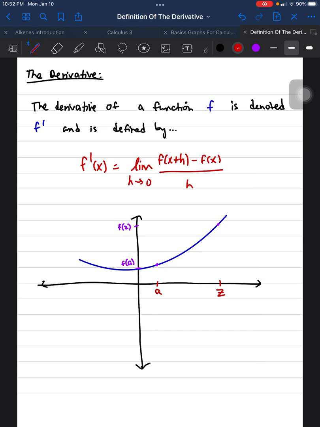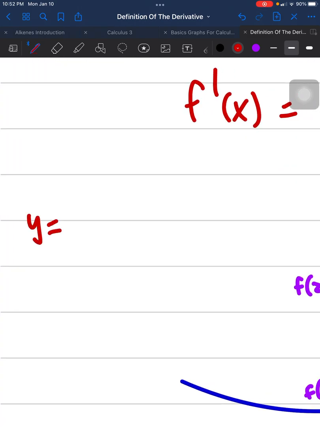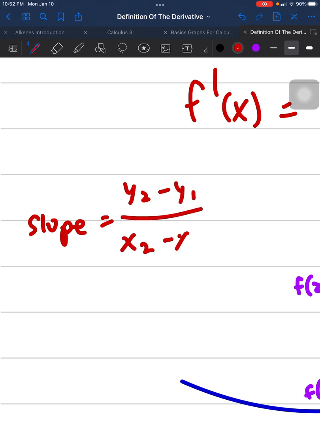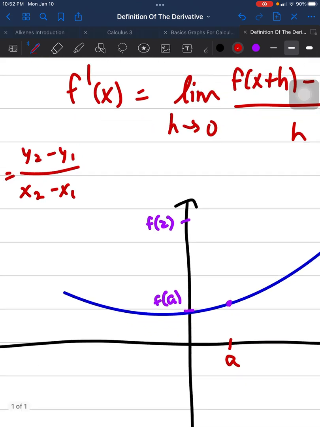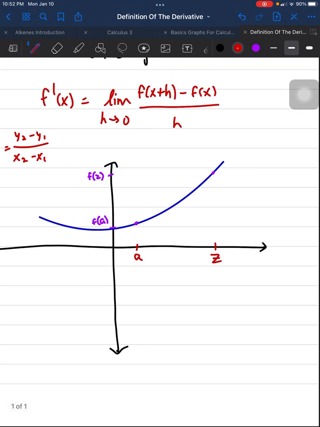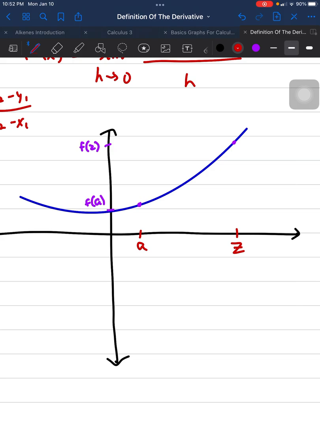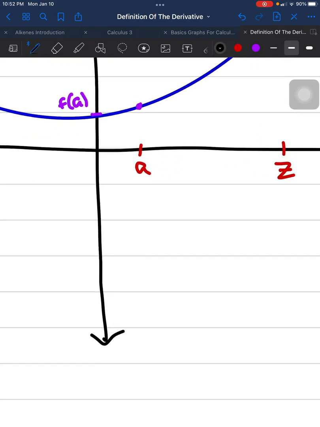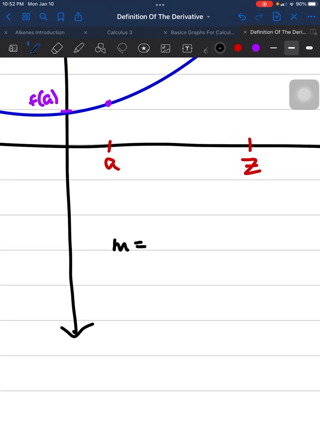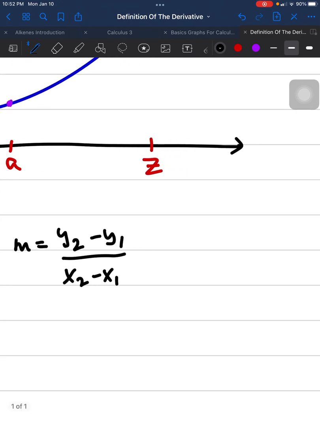And using the regular definition of a slope, the slope is equal to y2 minus y1 over x2 minus x1. We apply that to here, right? So m, meaning the slope, is equal to y2 minus y1 over x2 minus x1.